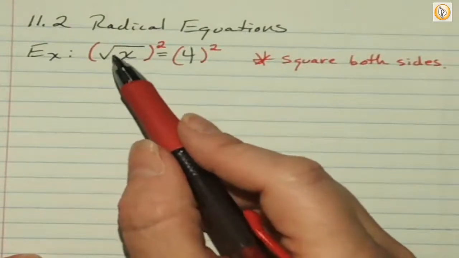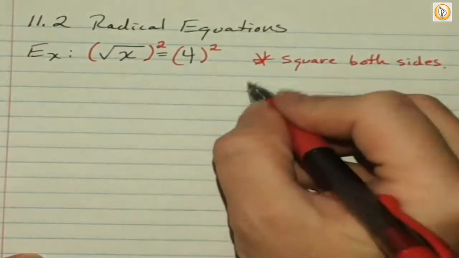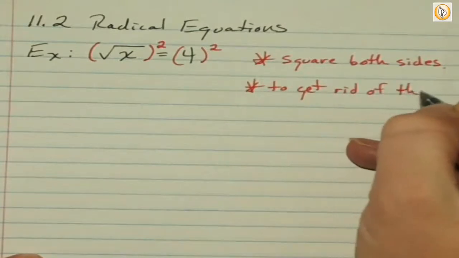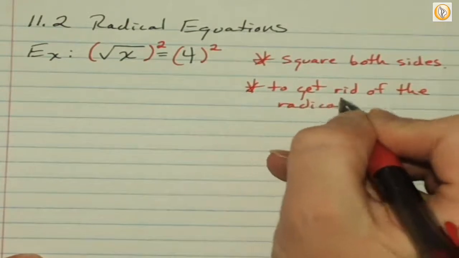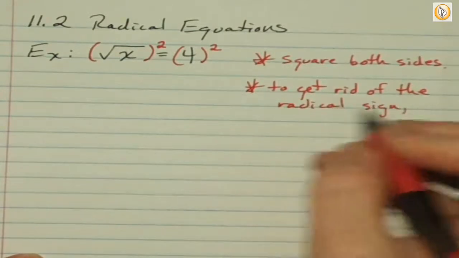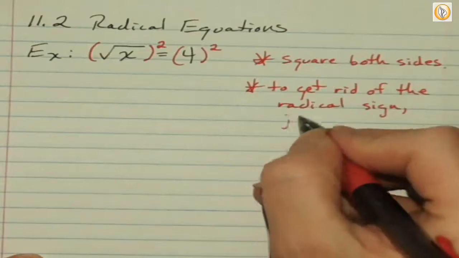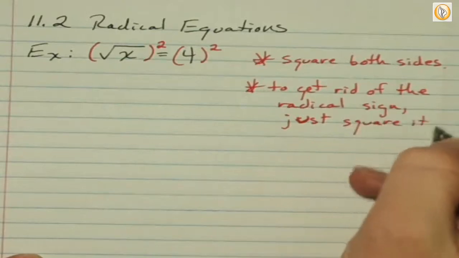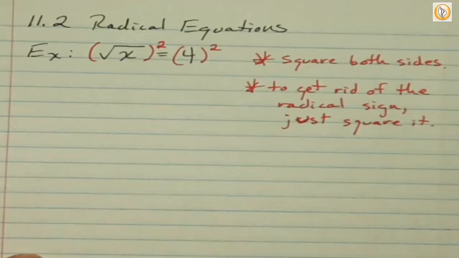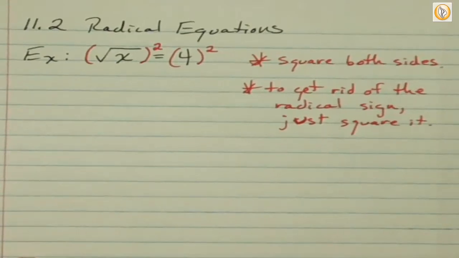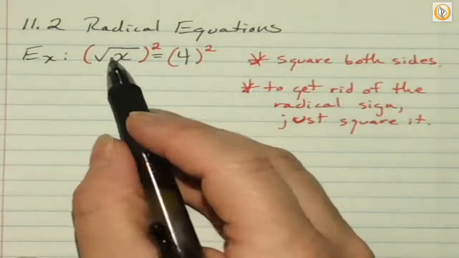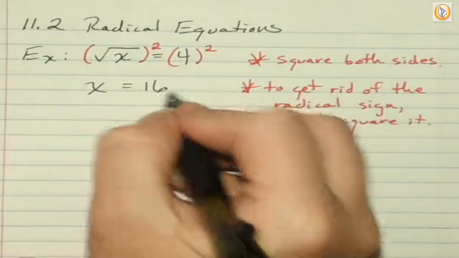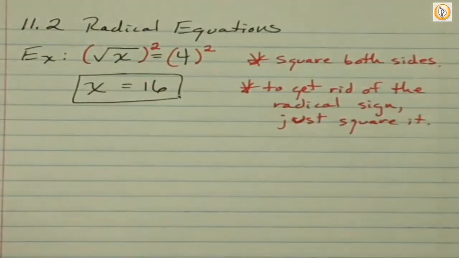Always remember, to get rid of the radical sign, you just square it. If you square this, it then becomes x, and 4 squared is 16. And there's your answer.